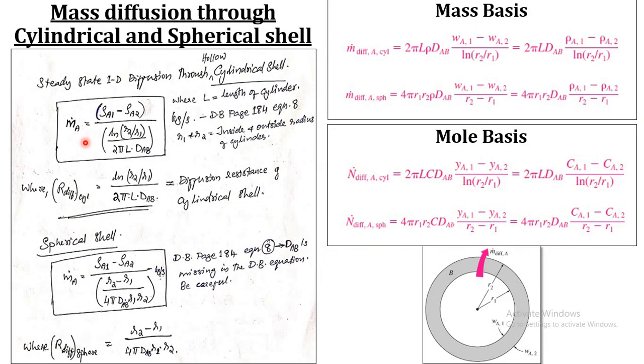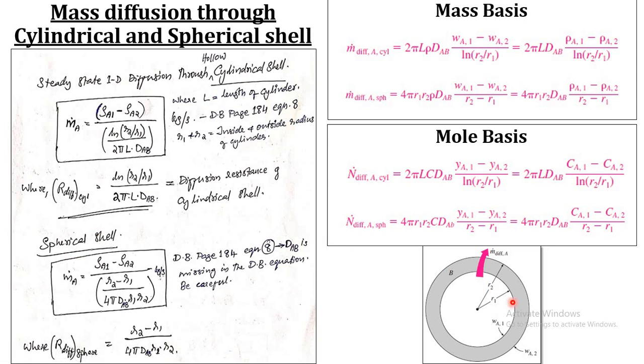So the mass flow rate mA of species A through the membrane is equal to (rho A1 minus rho A2) divided by ln of R2 by R1 by L. And this denominator term is called the diffusion resistance of the cylindrical shell, where L is the length of the cylinder, and R1 and R2 are the inside and outside radii.